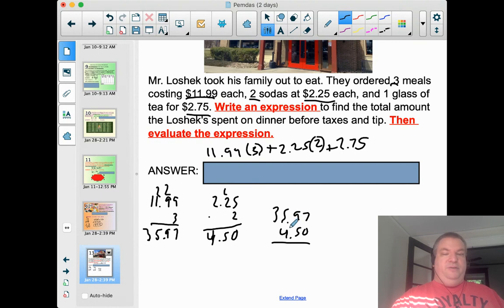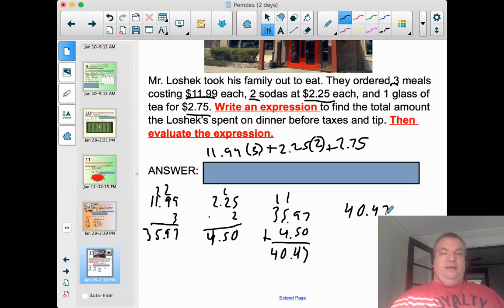Don't need it for multiplication, but we are adding here. Okay, 7 plus 0 is 7. 9 plus 5 is 14. Carry the 1. Decimal just comes straight down with addition. 1 plus 5 plus 4 is 10. Carry the 1. 3 plus 1 is 4. So I got $40.47.